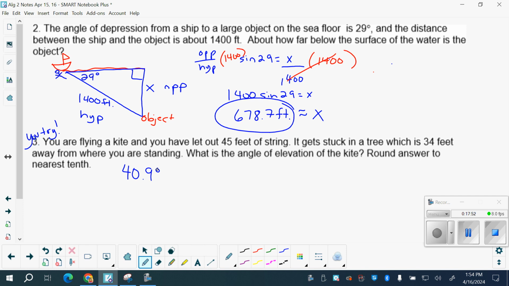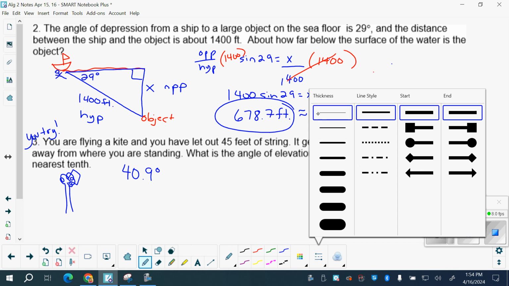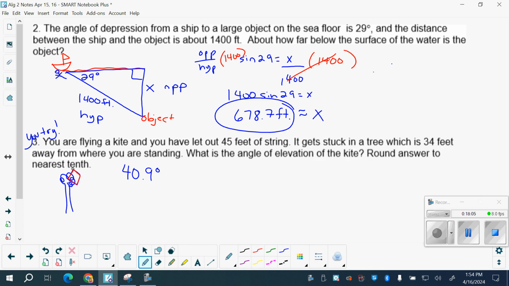So here's a tree. We got a kite stuck in the tree. Let me draw that red. And so we've got 45 feet of string.